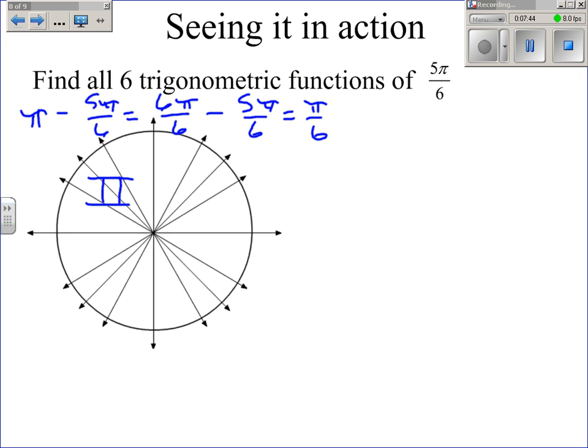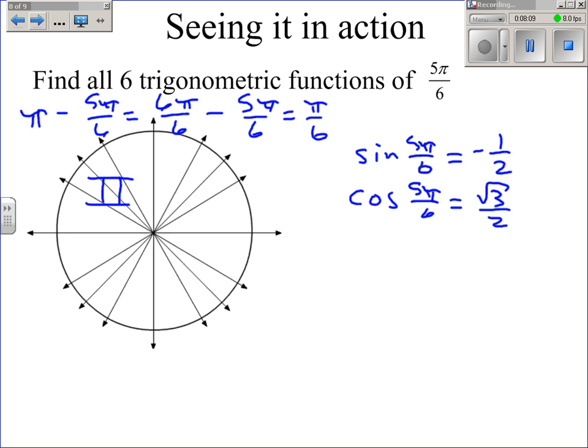Therefore, since we're in the second quadrant, the sine of 5 pi over 6 is positive 1/2, since sine is positive in the second quadrant, and the sine of pi over 6 is 1/2. Cosine of 5 pi over 6 is negative square root 3 over 2, since cosine is negative in the second quadrant, and the cosine of pi over 6 is root 3 over 2.